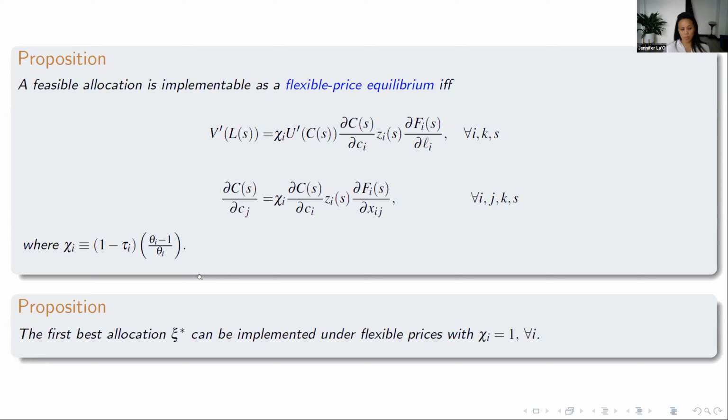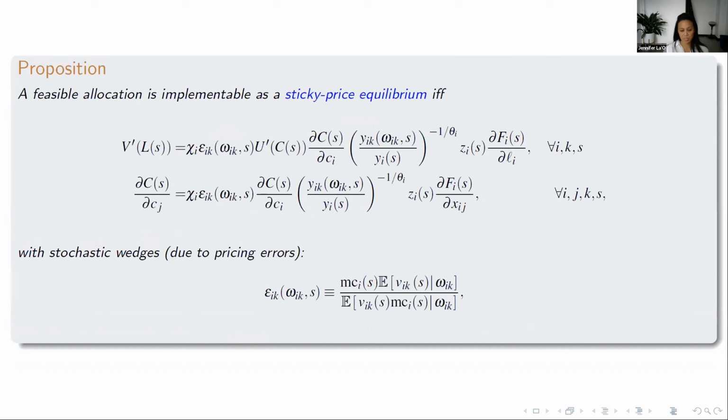And therefore, we know that the first best allocation can be implemented under flexible prices as long as you set the subsidy to get rid of the markup. And that's kind of the typical result. So you can implement the efficient allocation under flexible prices.